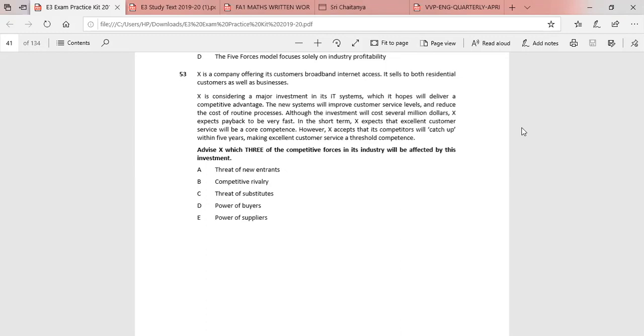Advise X which three of the competitive forces in the industry will be affected by this investment. So here, how many should we choose?